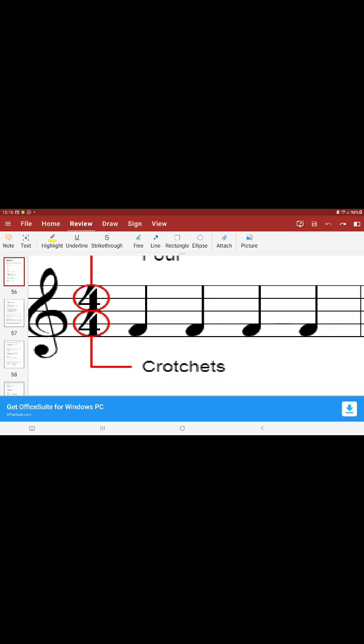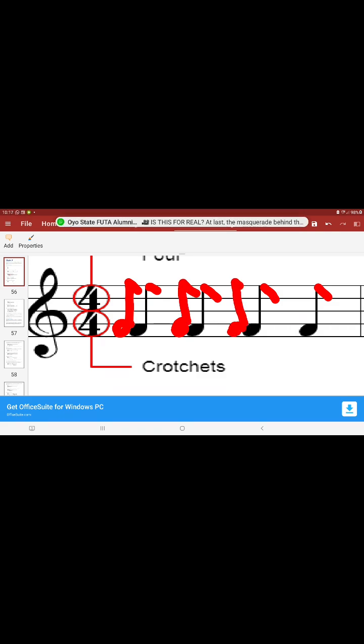Remember that it may be like this. So this is still 4/4. It is still 4 crochets in a bar. Why?